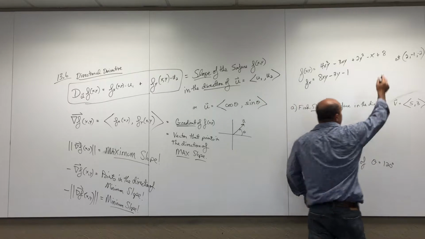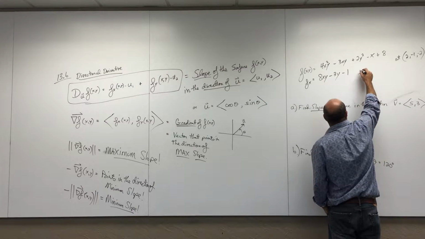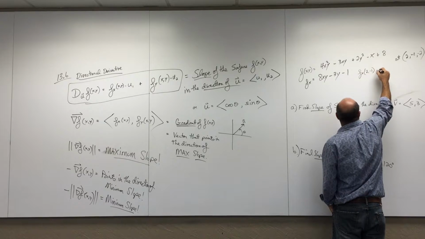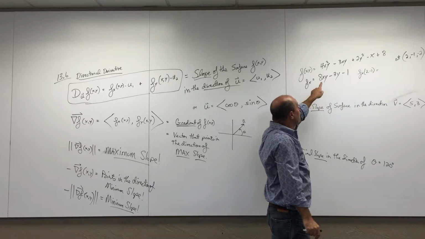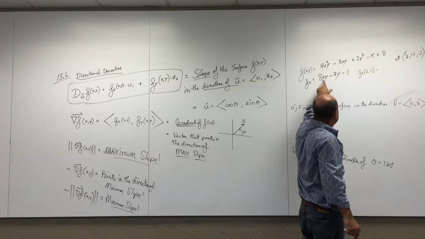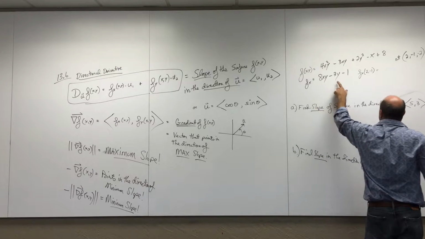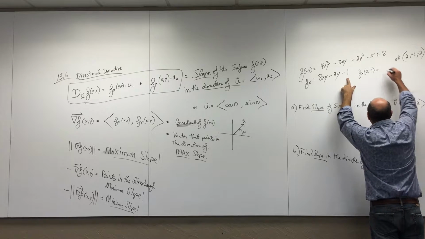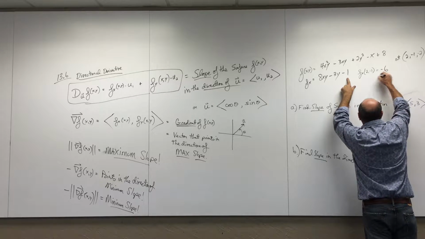Now I want fx evaluated at the point 2, -1. Plugging in a 2 and a -1, that's evaluating it at this point. I think I get -6.